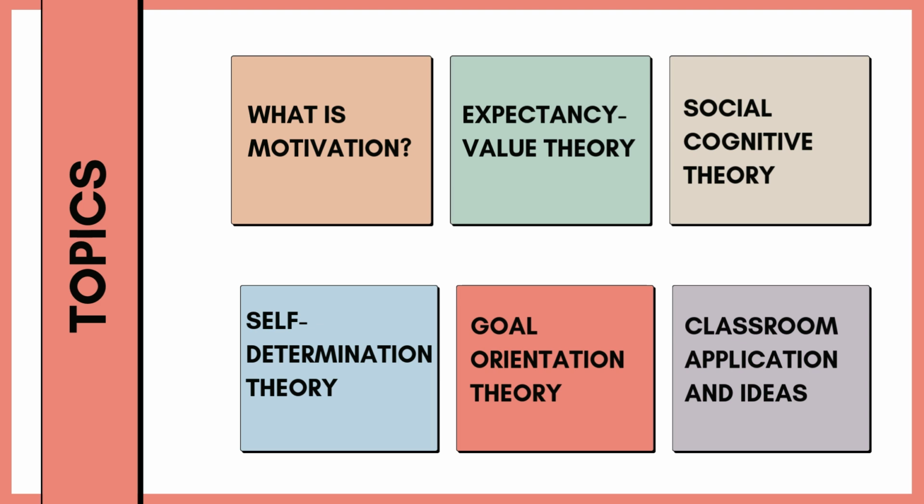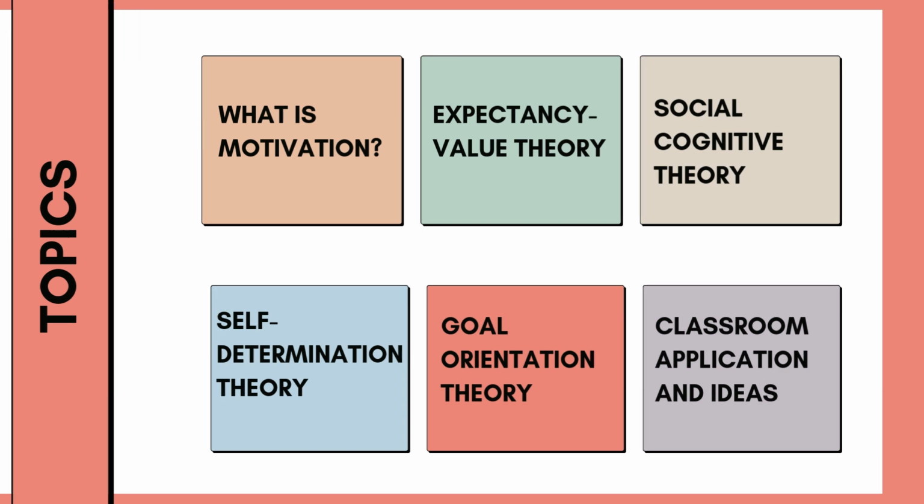For each of those theories, I will try to give you some specific classroom examples and offer ways those theories can be applied in your classroom. Maybe you will find that you are already doing many of these things, and with just small additions or changes, you'll see a marked improvement in your students' motivation.